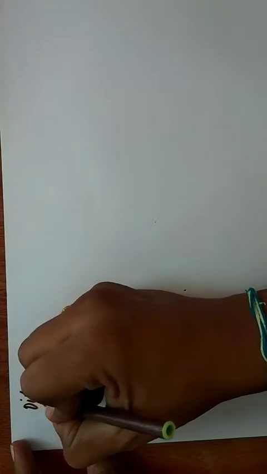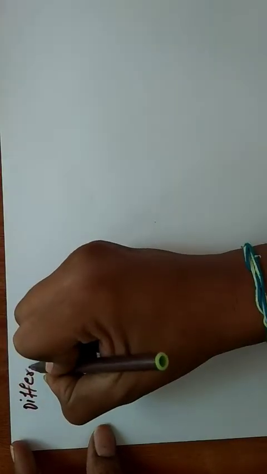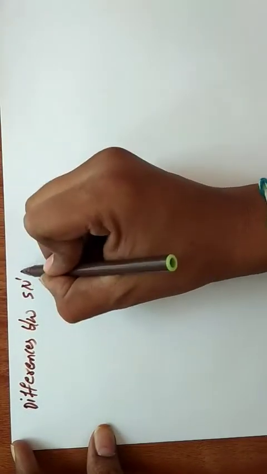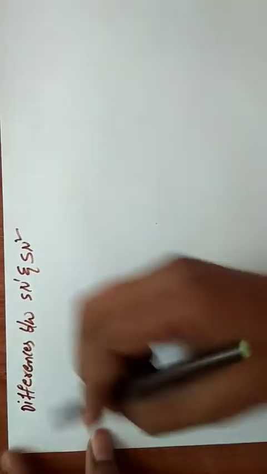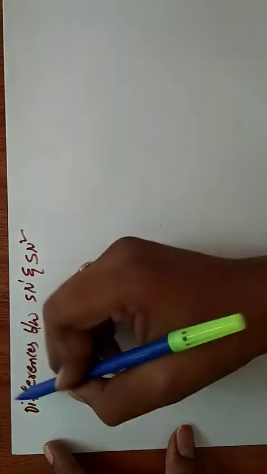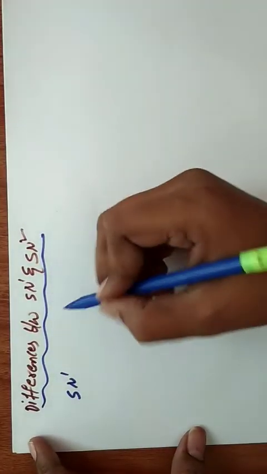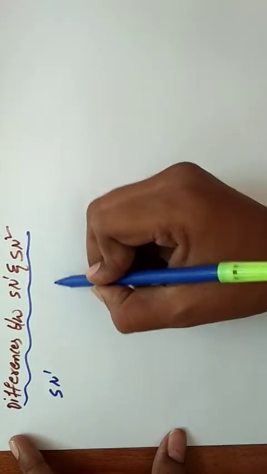First SN1. Next SN2. First point: in SN1, it is a two-step mechanism. Yes or no?